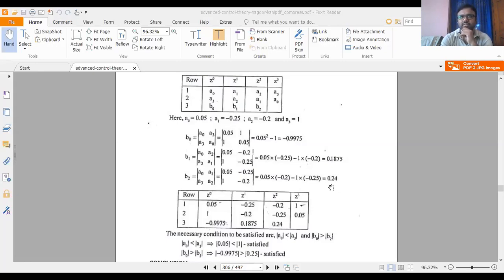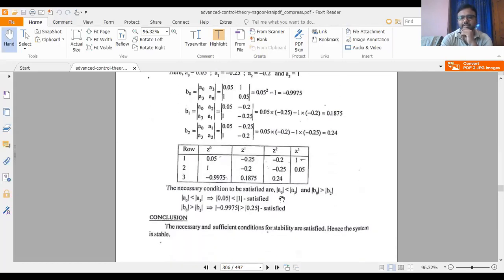So the necessary conditions to be satisfied are a0 should be less than a3 and b0 should be greater than b2. The a0 value is 0.05, it is less than 1, so it is satisfied. And b0 is also greater than b2, because the b0 value is 0.9975 and the b2 value is 0.25. You have to take it as modulus of b0 should be greater than modulus of b2.